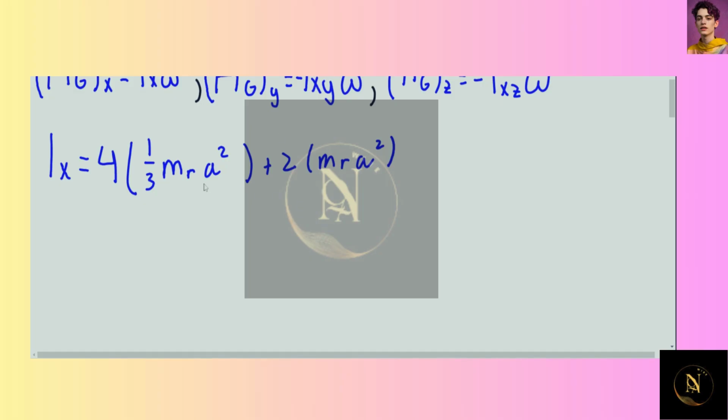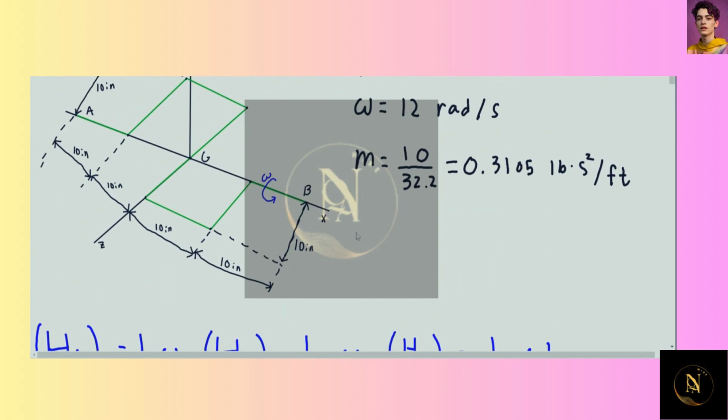To get this individual mass, mr, we just take the total mass of the system and divide it by 8, since there are 8 different rods on this system.